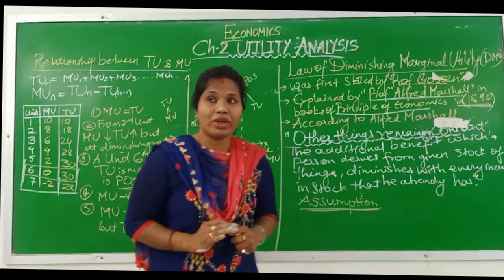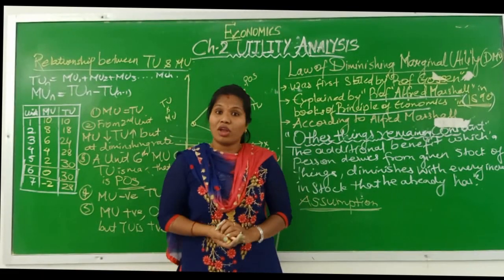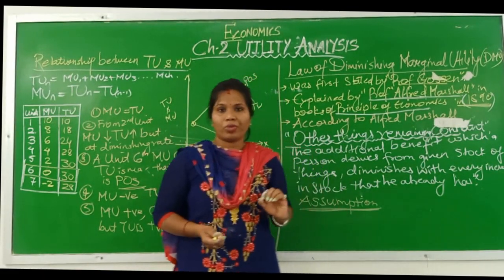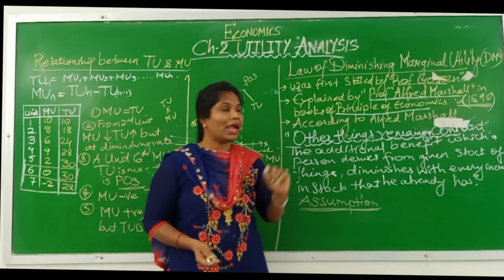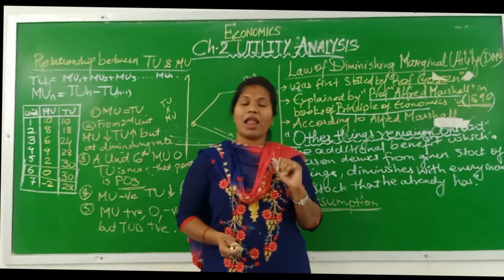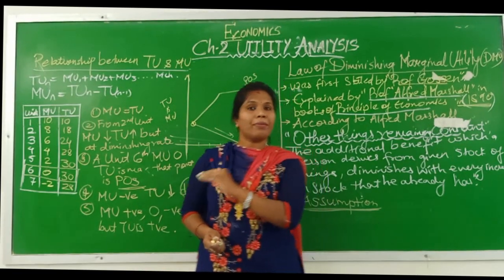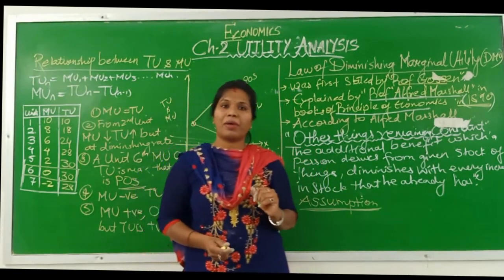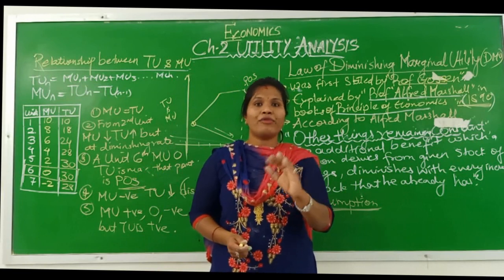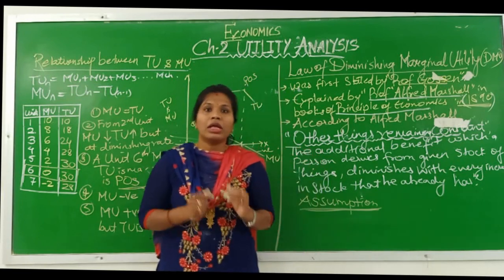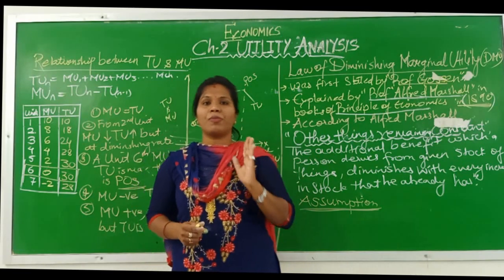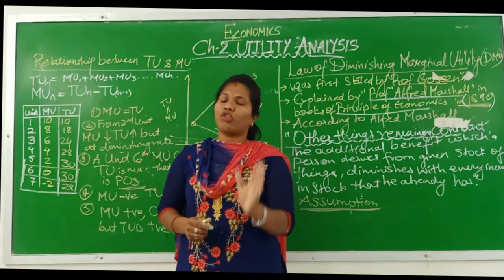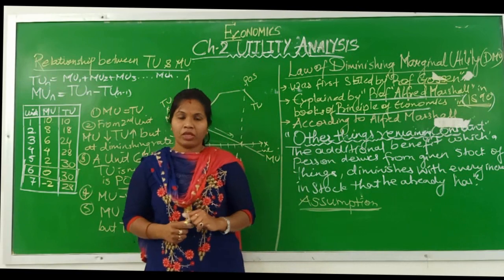And let me tell you friends, the format of writing the law is, first you have to write the introduction. The law of DMU was first stated by Professor Gossen, therefore it is said to be Gossen's first law. Then it was further explained by Alfred Marshall in the book Principles of Economics, 1890.